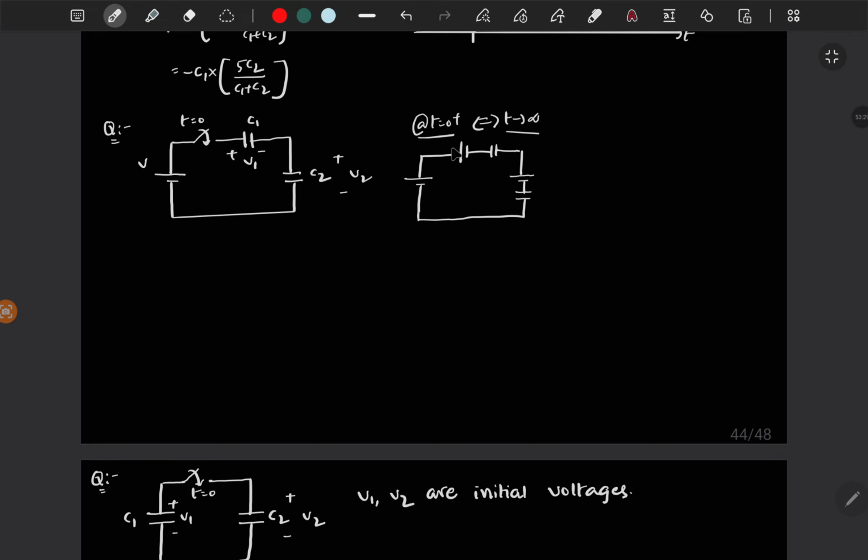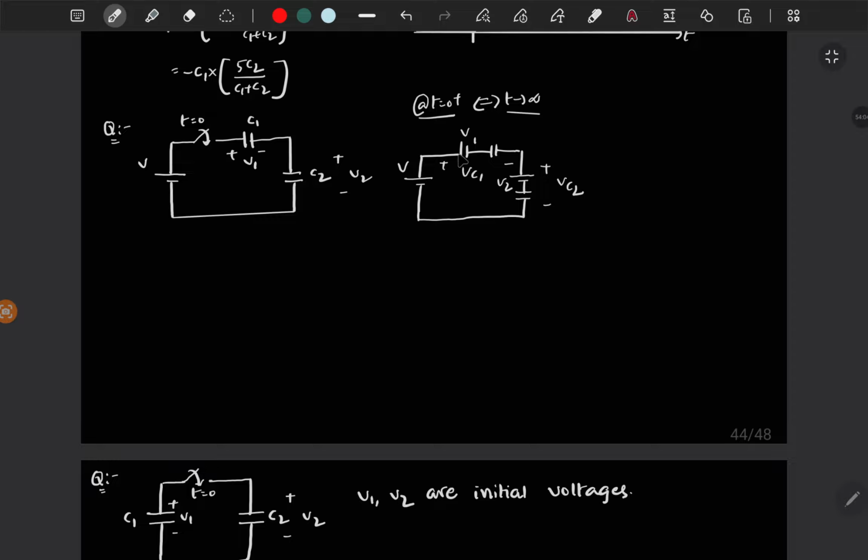This is VC1 because we have taken out the initial voltage, and this is VC2, and this is V2, and this is V1. V1 and V2 are initial voltages, and V is the source that you have applied.